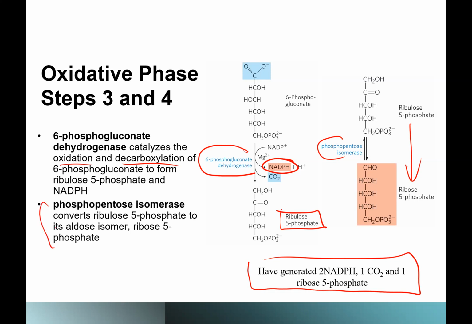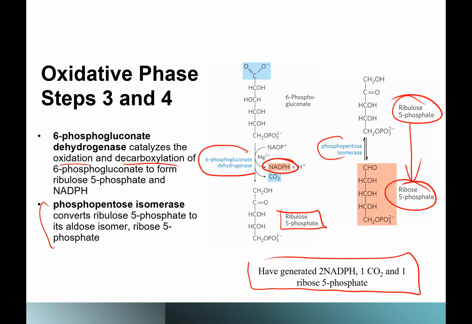So notice that getting from ribulose 5-phosphate to ribose 5-phosphate is an isomerization reaction. We're just, what are we doing? We got a double bond, so we have a reduction.